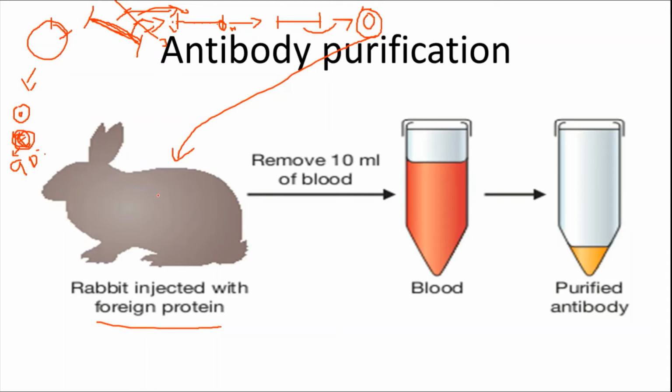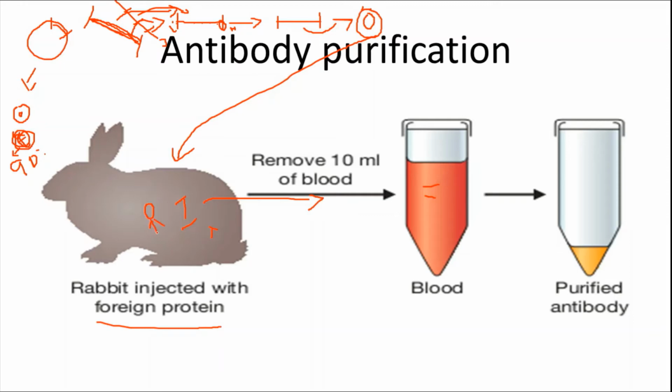rabbit. After immunization for some period, the rabbit becomes immunized against the injected foreign protein. Okay. So after immunization, after a particular time, we can collect the blood. The blood contains antibodies. The antibodies effectively bind to the injected foreign protein.